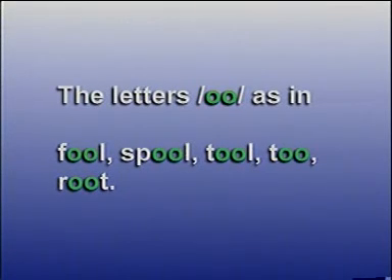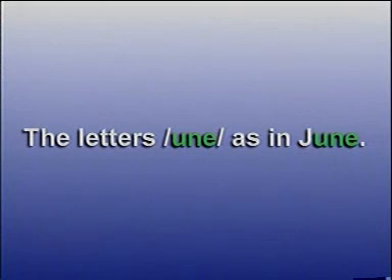The letters OO as in fool, spool, tool and root. The letters UNE as in June.